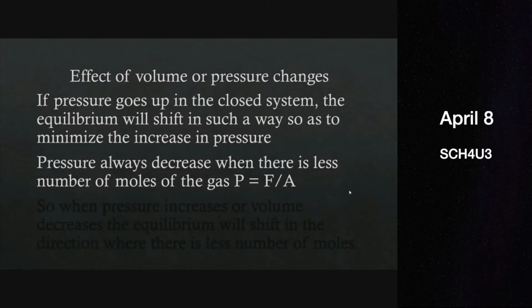If the reactant side has more moles, it will shift in the direction which has fewer moles, which is forming more products. And if the products have more moles, the reaction would shift in the direction of fewer moles, which would be left. That would be the basic idea for explaining how a change in volume, which may cause a change in pressure, will affect the equilibrium.